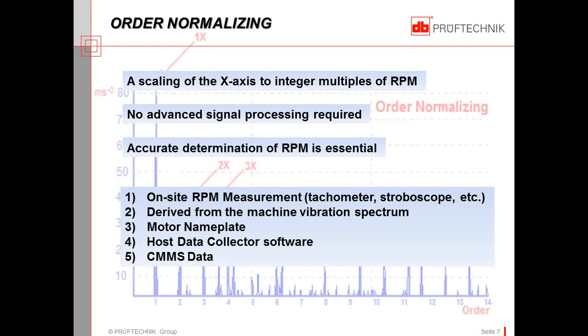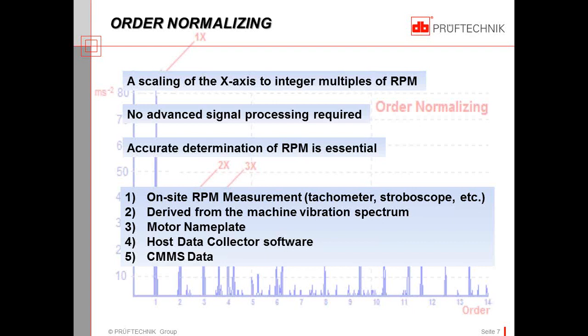But having identified the RPM, the x-axis, that is the frequency axis, is then labeled in units of RPM and correspondingly labeled 1x, 2x, 3x, x being the RPM. And so rather than displaying the frequency axis as hertz, that is cycles per second, or CPM, cycles per minute, it's labeled in orders.